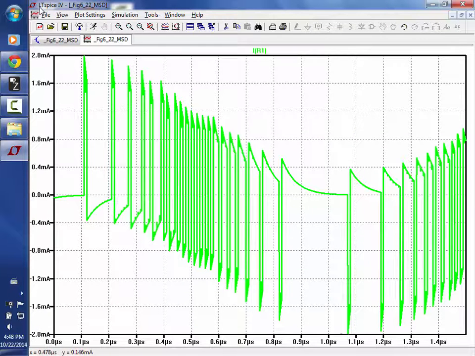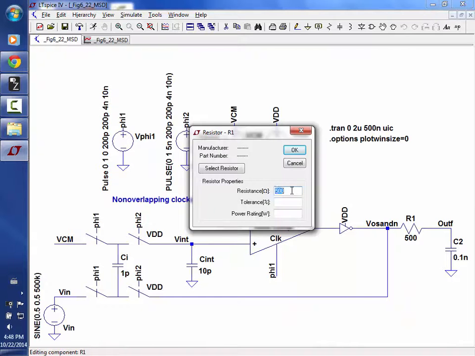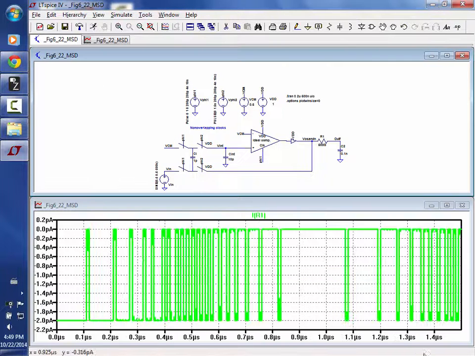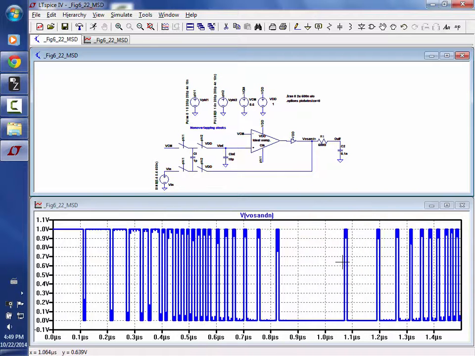Yeah, you're right. If we just resimulated and put 500 MEG or 500 gig, we wouldn't see the output, but when you run it, the power's tiny now. Right, because I filtered it, but you can still see the signal there, right?